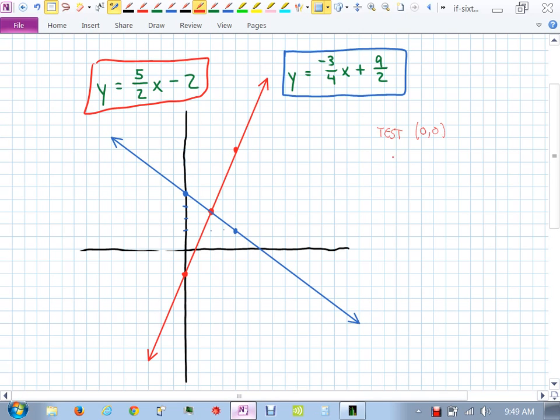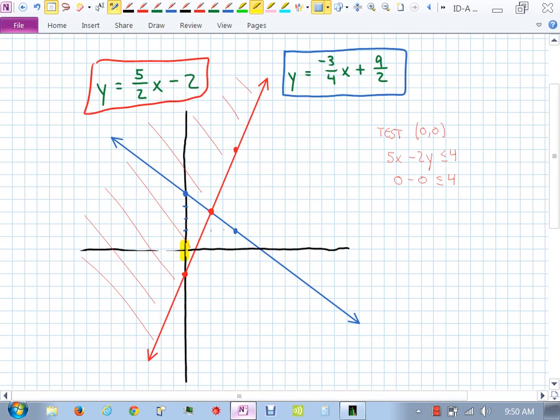The original inequality was 5x minus 2y less than or equal to 4. If we plug 0, 0 in, we get 0 minus 0 less than or equal to 4. Is 0 less than 4? Yes, so that checks. That means I'm going to shade everything to this side. Are y'all okay with why it's that side? Because that's the side that 0, 0 lives on, right? 0, 0 lives right there. That's on the left side of that line, or the top side.